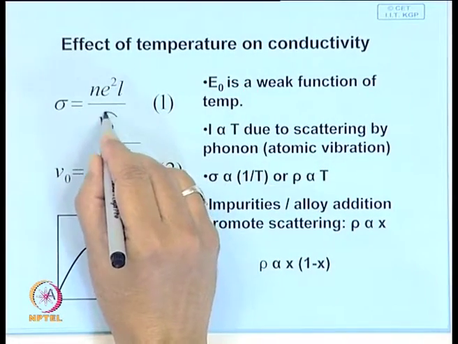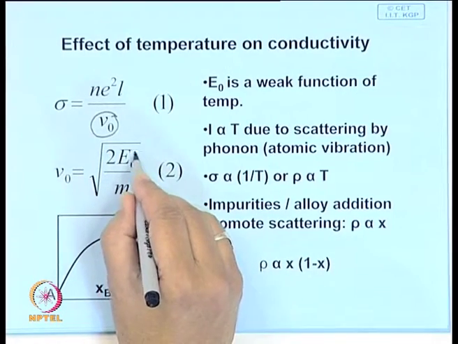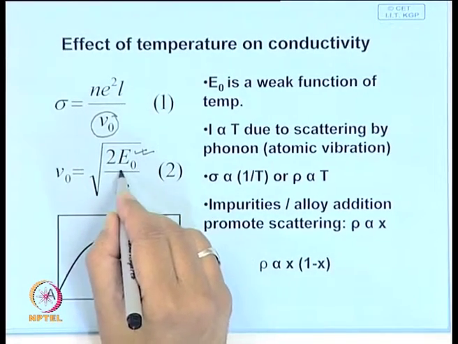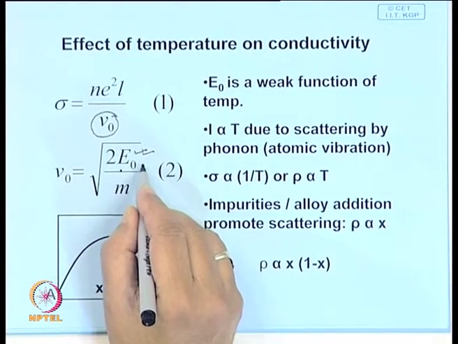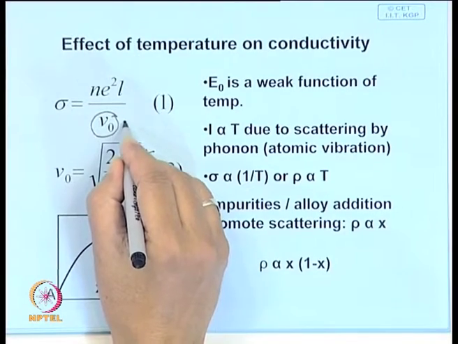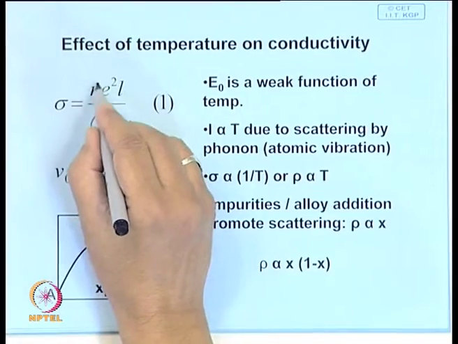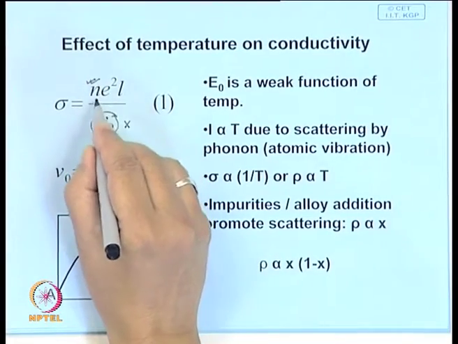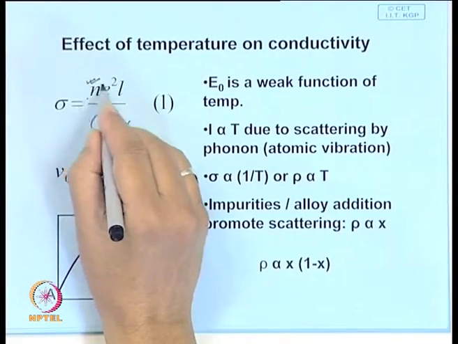This is the drift velocity. Drift velocity is determined by the Fermi energy, but the Fermi energy is a very weak function of temperature. So, you cannot change much, and this is ruled out. And here also, the number of electrons is determined by the crystal structure or atomic structure.